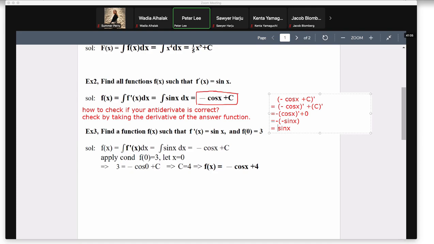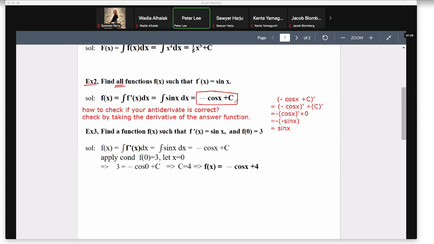Note that in this case, if you look at example 2, it says to find all functions, not one function, but all functions. Did we find all the functions? Yes, we did.